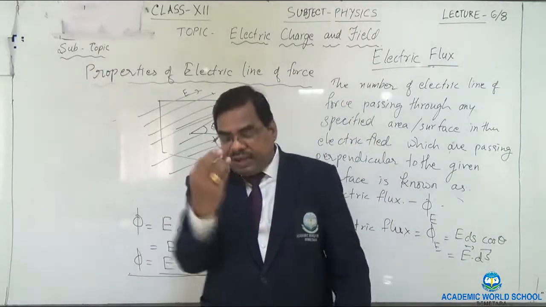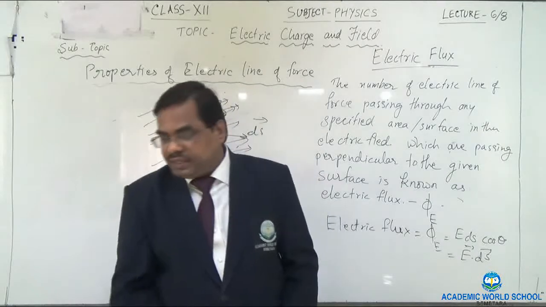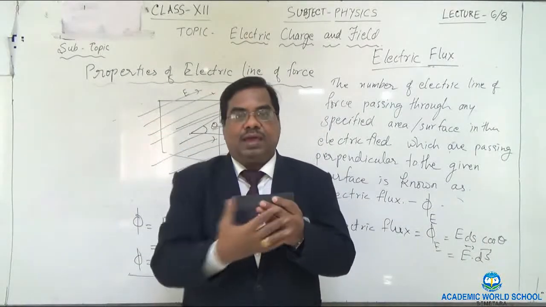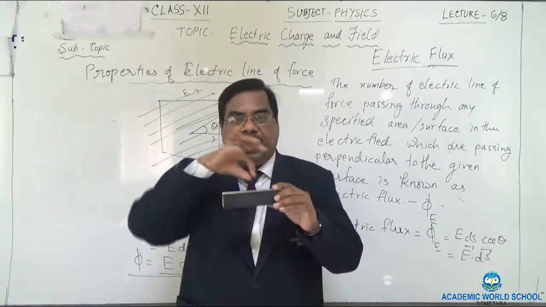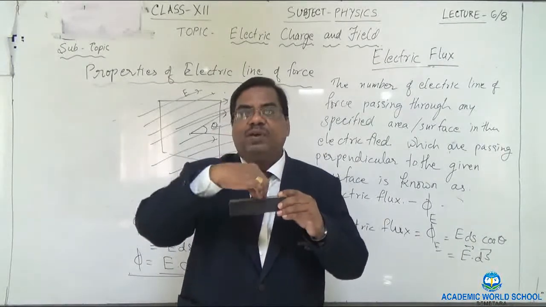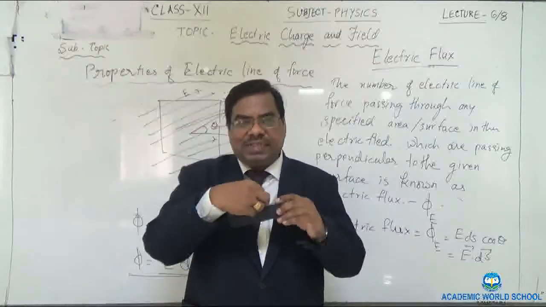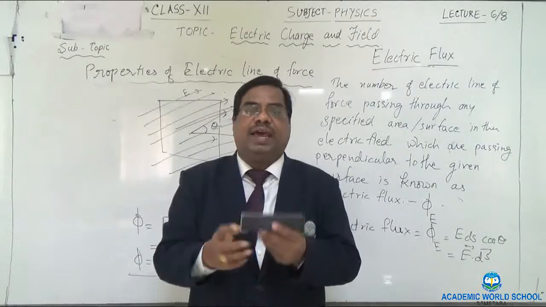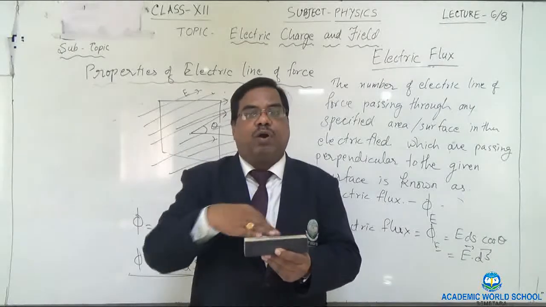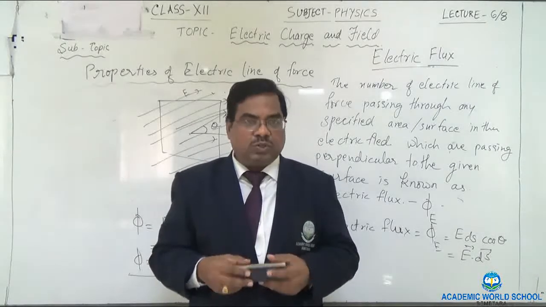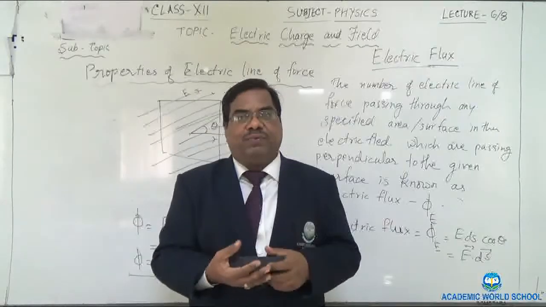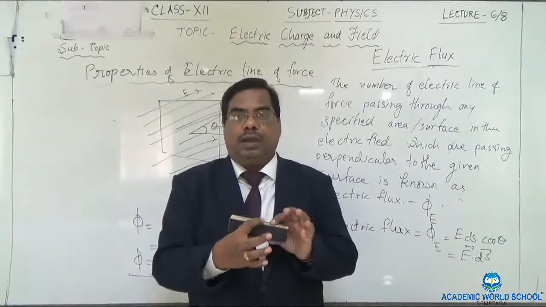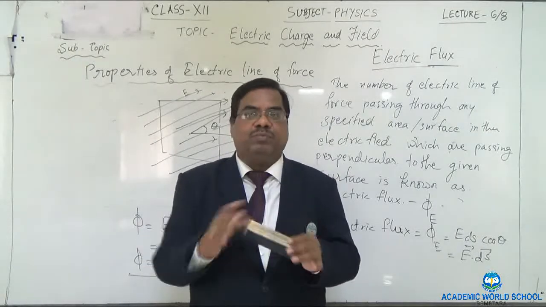Now, suppose I have a box like this, a cuboid, and inside this I have kept one charge. That charge will be producing the electric field lines, and those lines will be coming out from all these faces. So the total number of electric field lines coming out will be the total lines coming out from this surface.